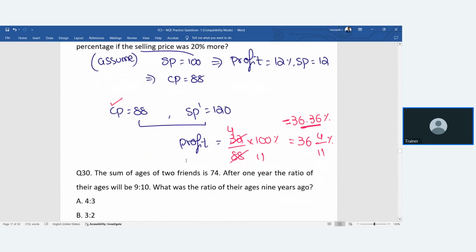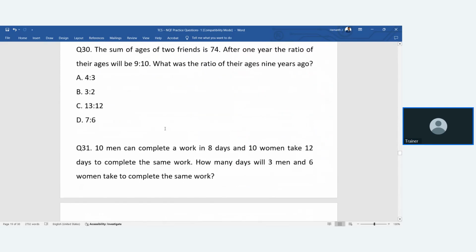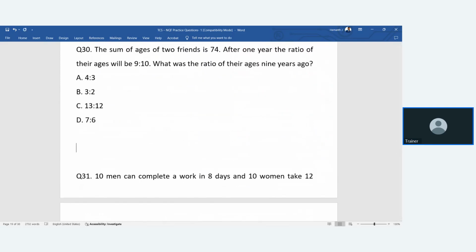Let's see the next one, the 30th question. Have a look into that. Sum of the ages of two friends is 74. After 1 year, the ratio is 9 by 10. What is the ratio of ages 9 years ago? This is after 1 year, but they're asking about 9 years back. Let's say x plus y is 74.